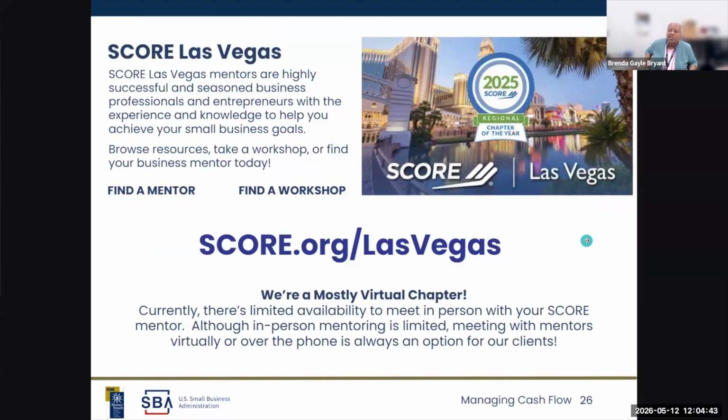And of course we have SCORE, and SCORE is made up of people who have been in business, and many of whom have retired from business and want to give back to the community. They are called SCORE mentors.